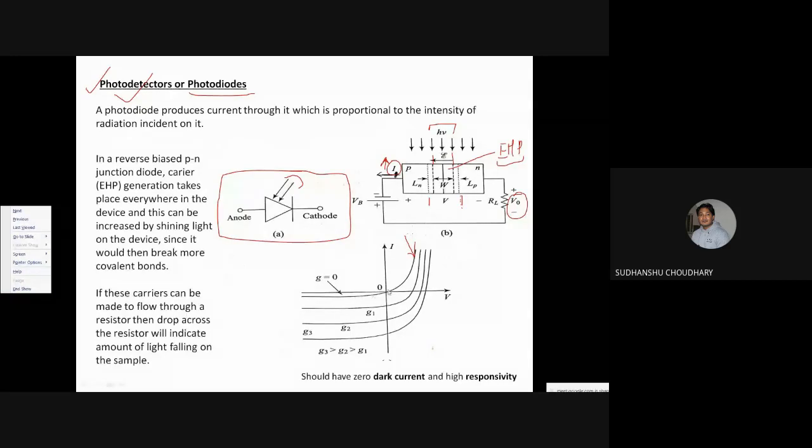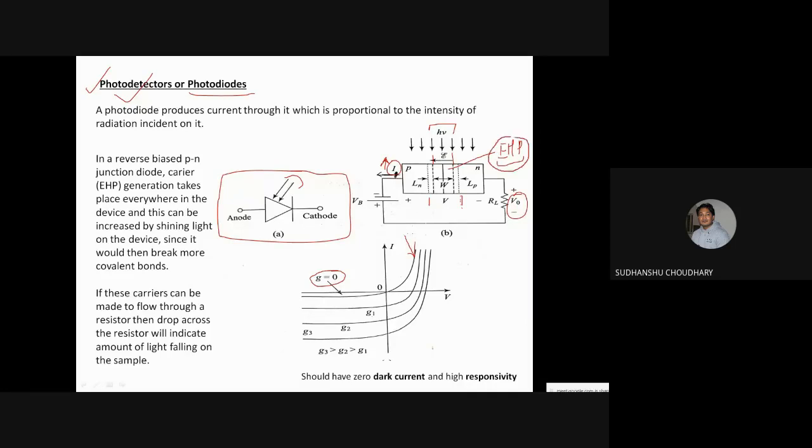Now in this condition, it is assumed that the generation rate is 0. Generation rate means the generation of electron hole pairs inside the depletion region is very small, minimum, negligible, or let us say it is 0. Now when light is shined on this, the amount of light will decide the amount of electron hole pairs created, or the generation rate.